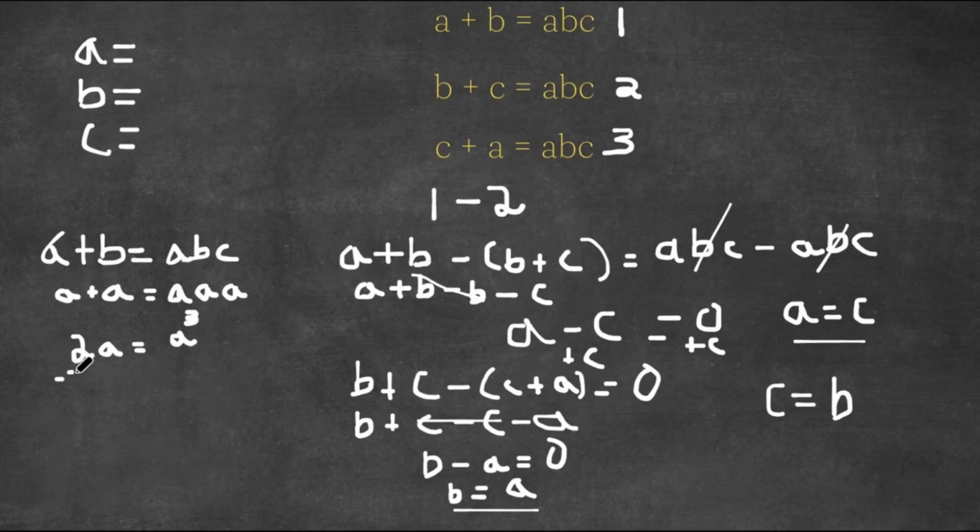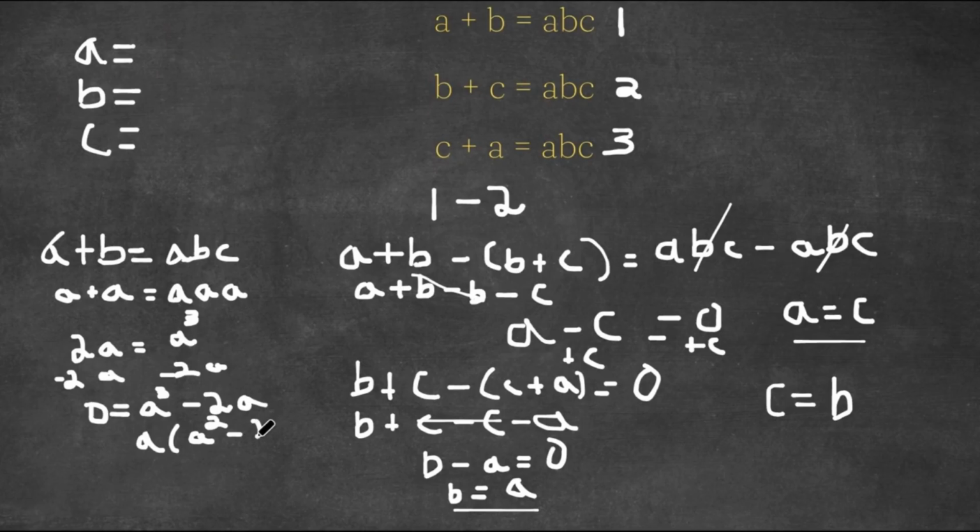Now, if we subtract 2a on both sides, we get 0 is equal to a to the power of 3 minus 2a. And now if we factor out a from this, we get a times a squared minus 2 is still equal to 0.